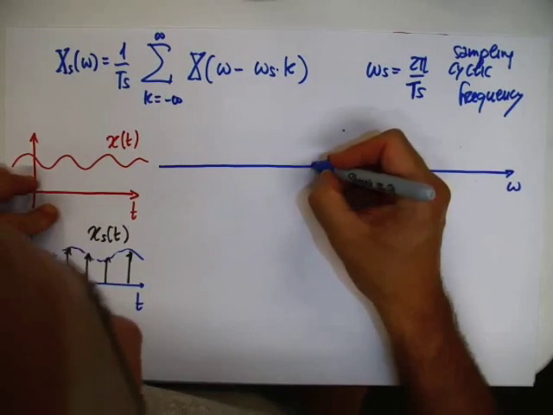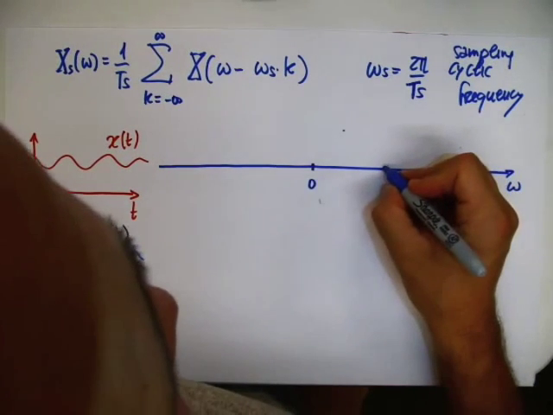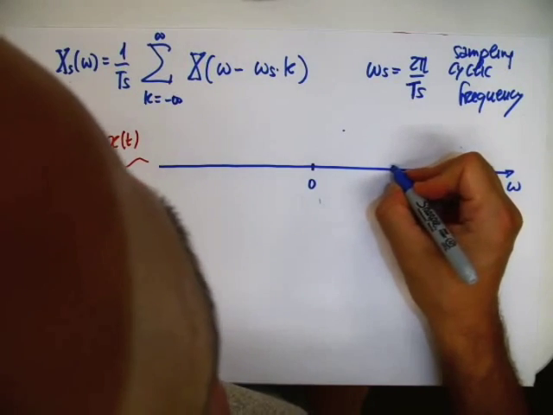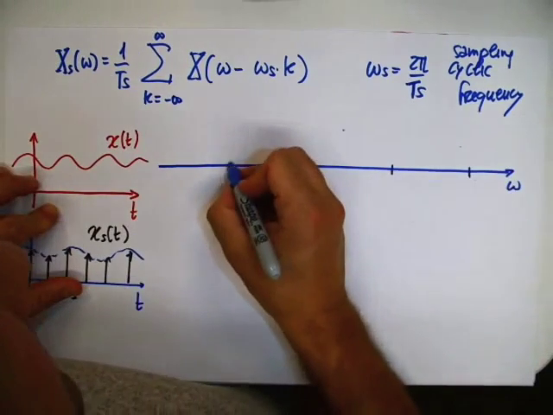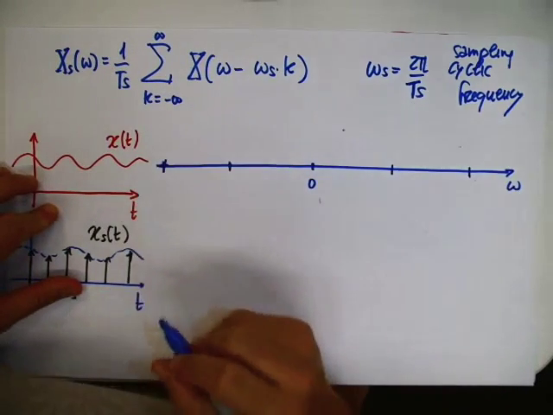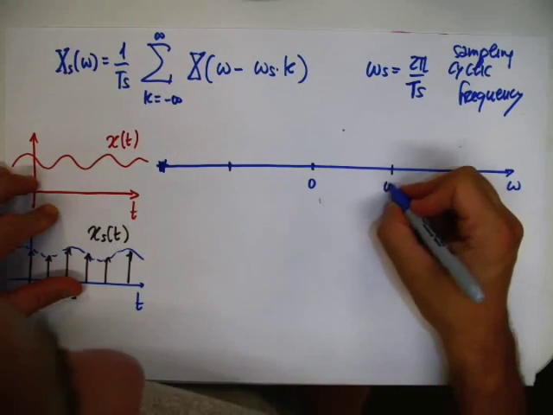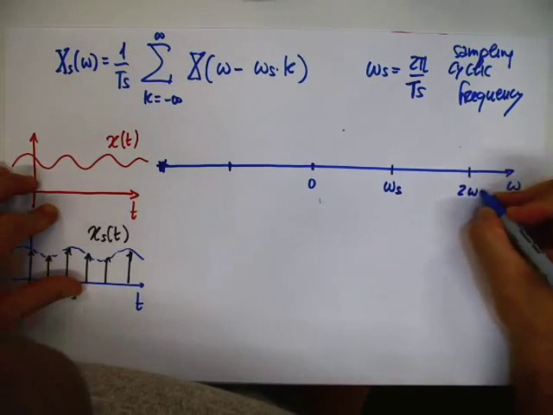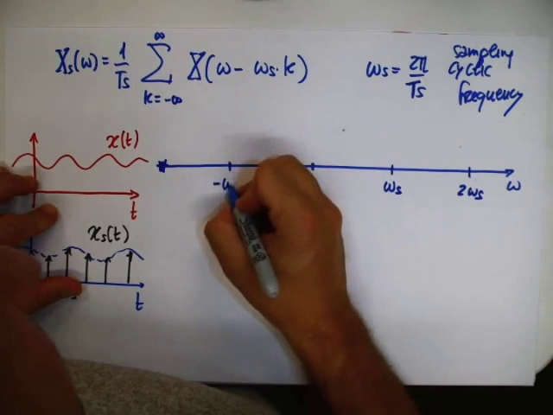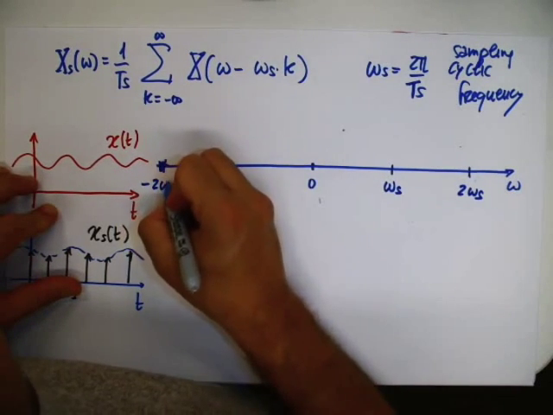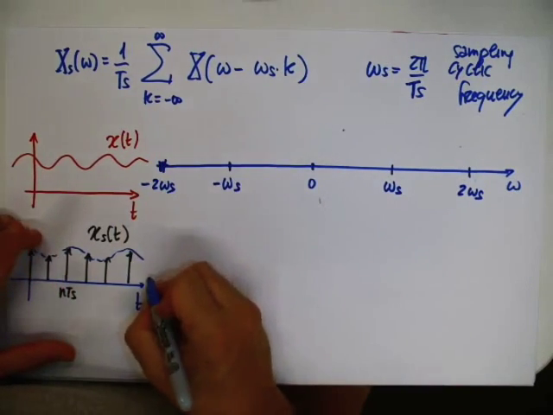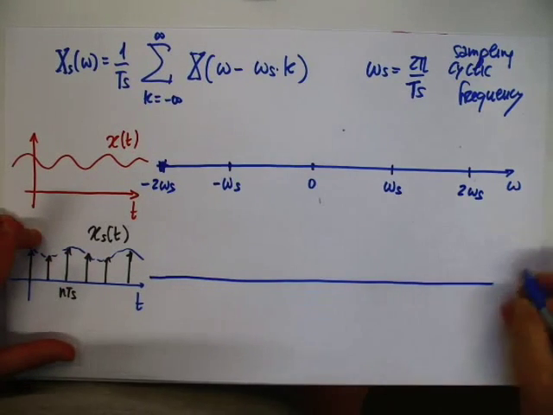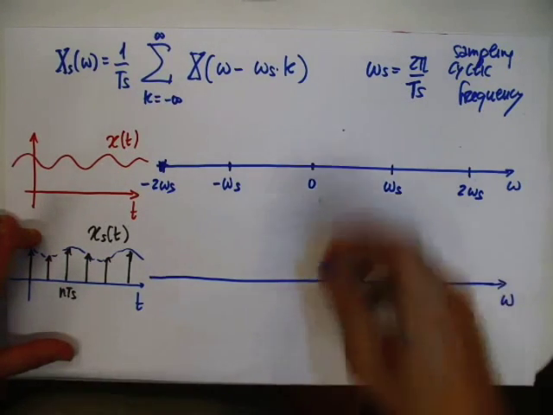This is omega, this is 0, and here I mark omega sub s, 2 omega sub s, minus omega sub s, minus 2 omega sub s.